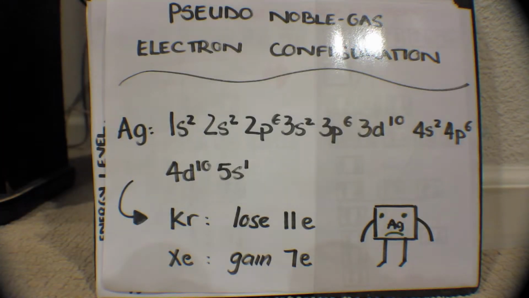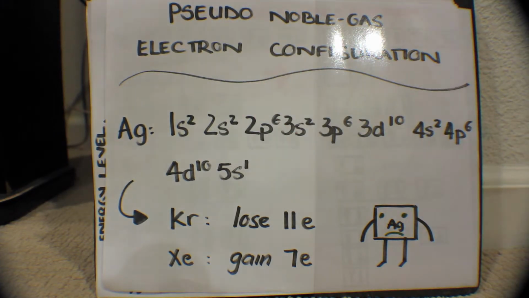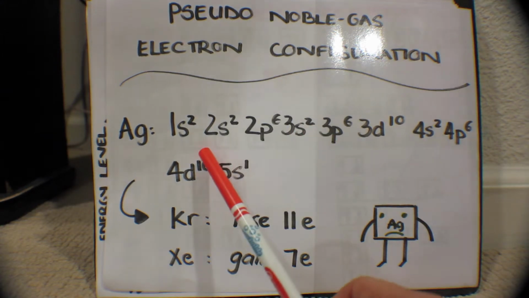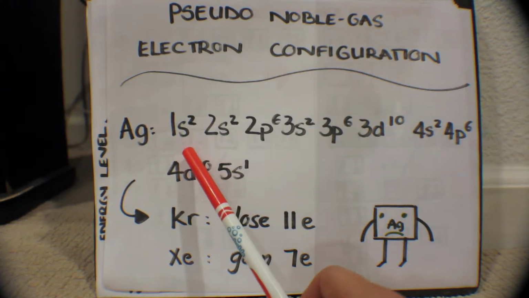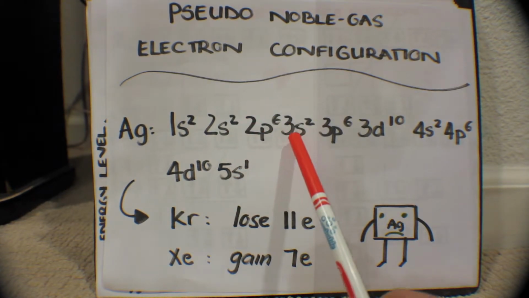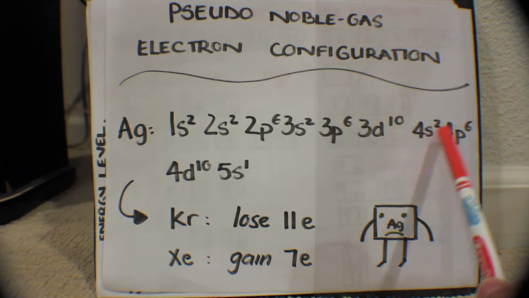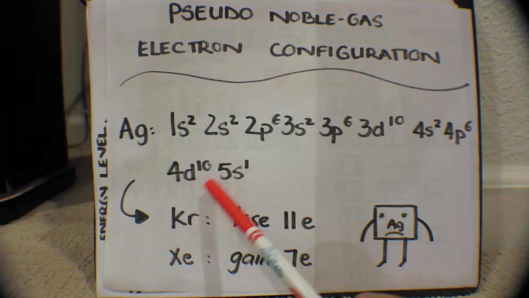Next, let us talk about the unusual pseudo-noble gas electron configuration. Some ions formed by the transition metals do not have the noble gas electron configurations, ns2 and np6, and are therefore exceptions to the octet rule. Silver, for example, has the electron configuration of 1s2, 2s2, 2p6, 3s2, 3p6, 3d10, 4s2, 4p6, 4d10, and 5s1.